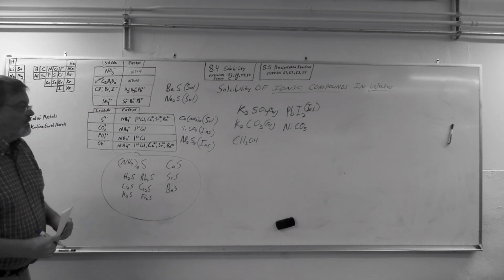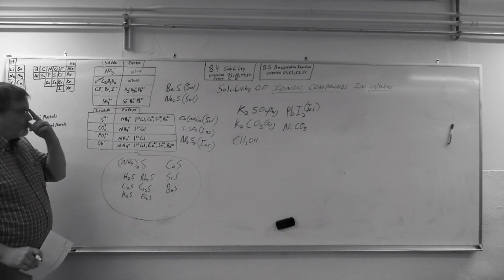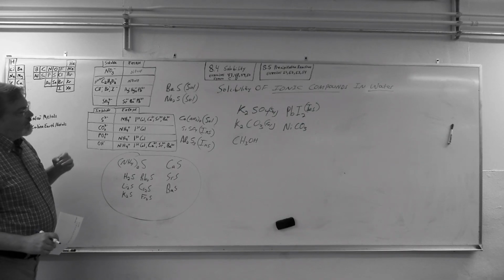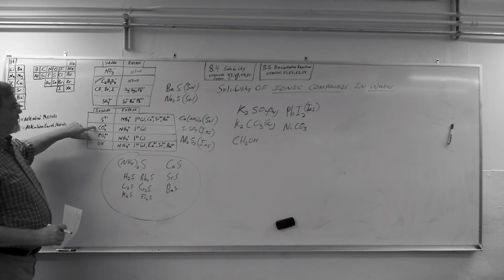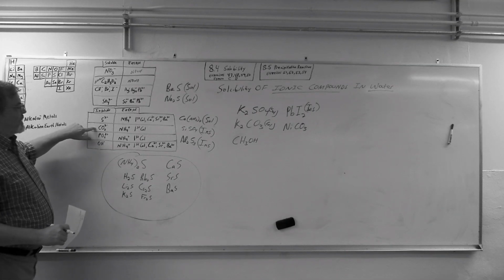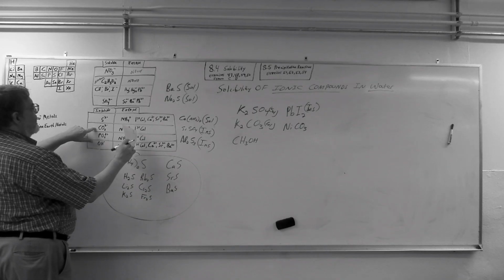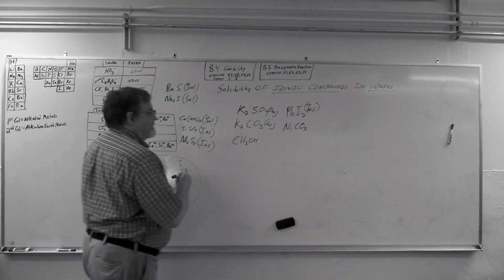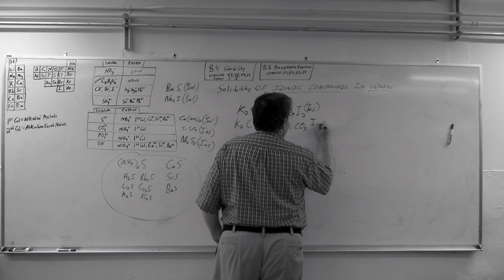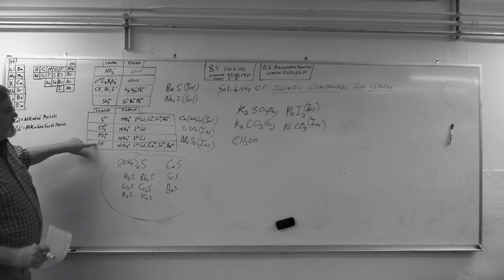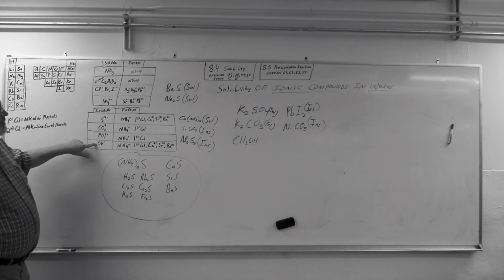Nickel carbonate. Carbonate is insoluble except when there's NH4, which is ammonium. Oh, it's insoluble. So it remains as an insoluble. CH3OH, here's your OH. Yeah, I probably should have dropped that one out too, an exception.